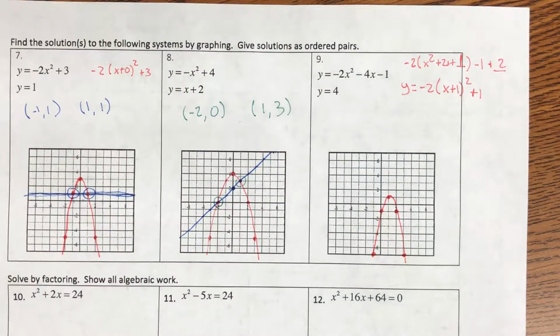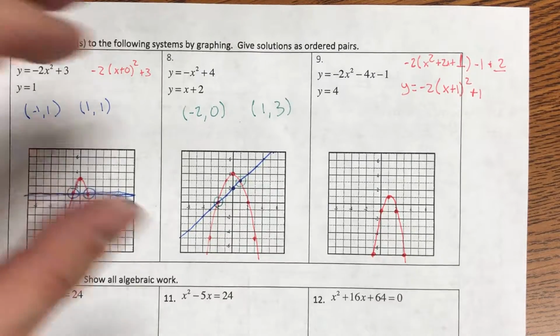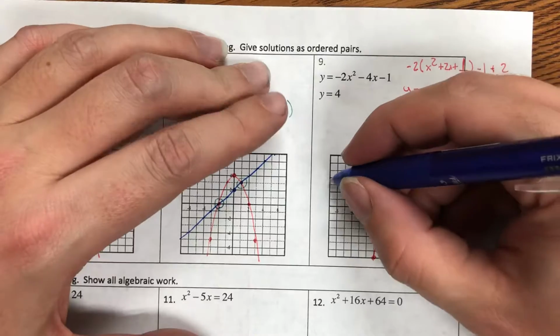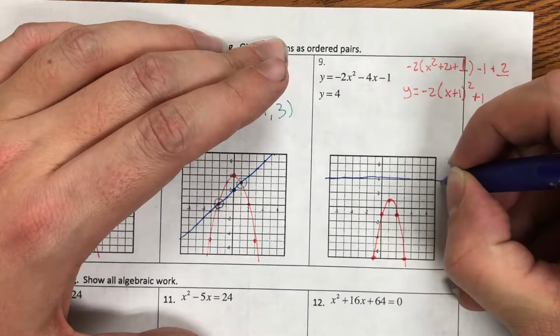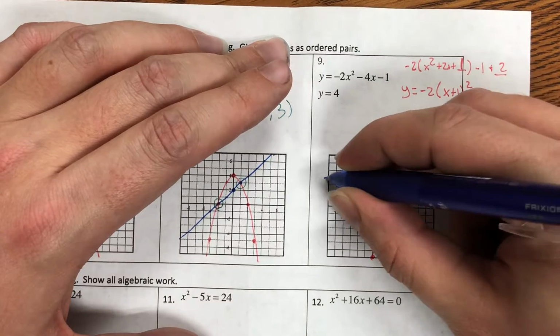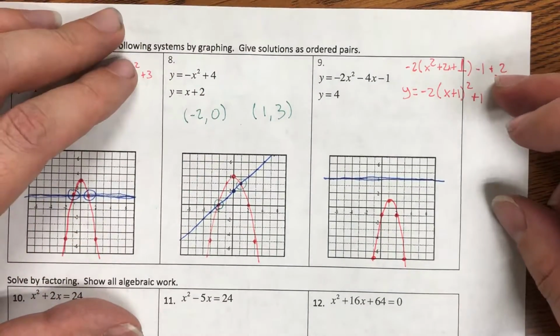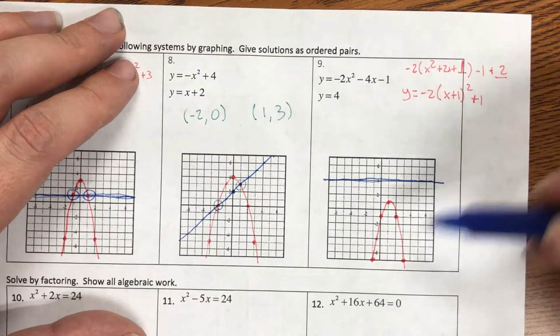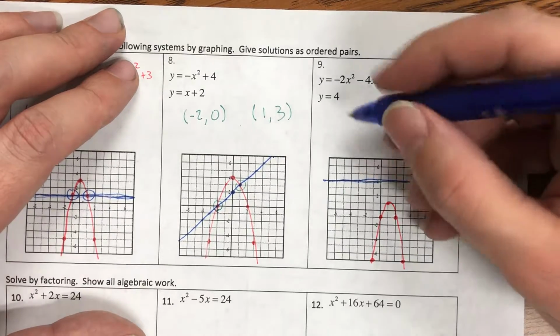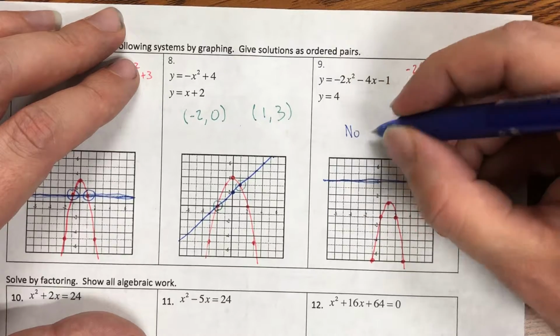And I have the other equation, y equals 4. So that is that line right there. These two lines don't cross, so this is no solution.